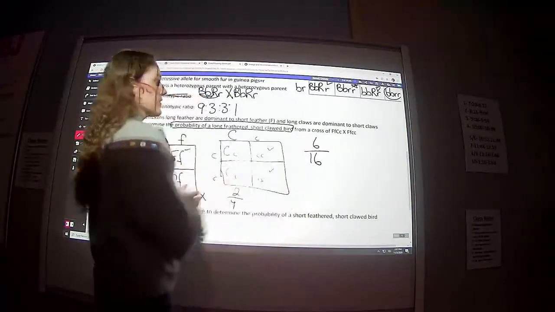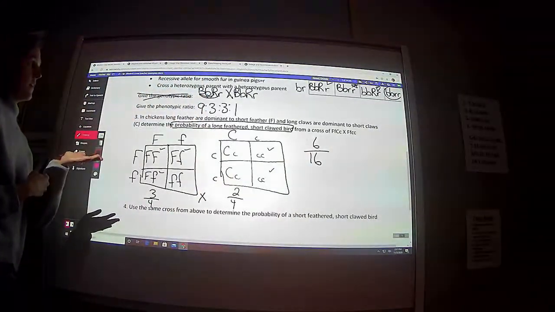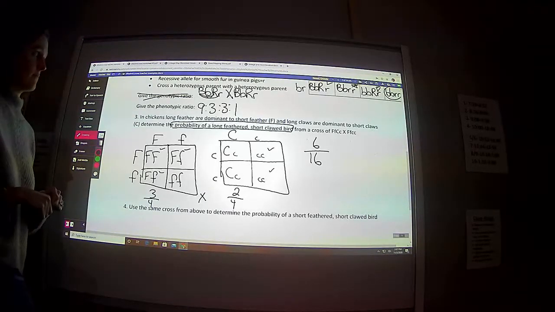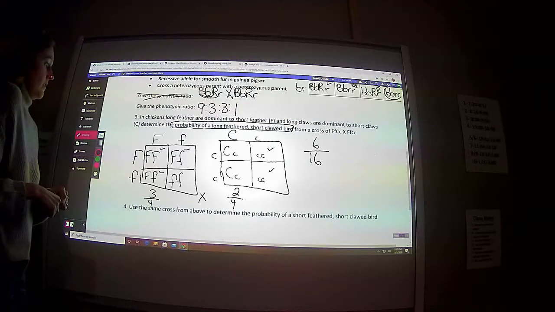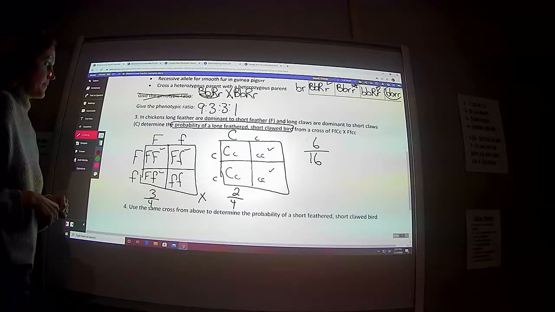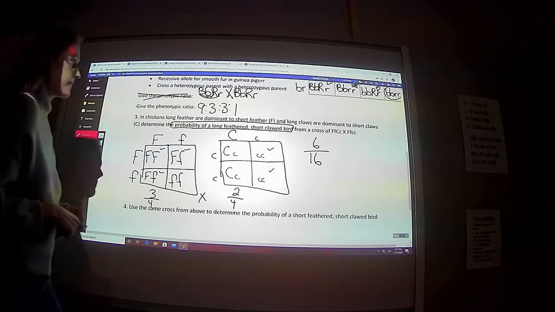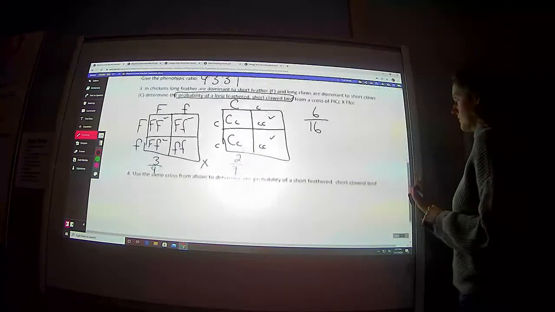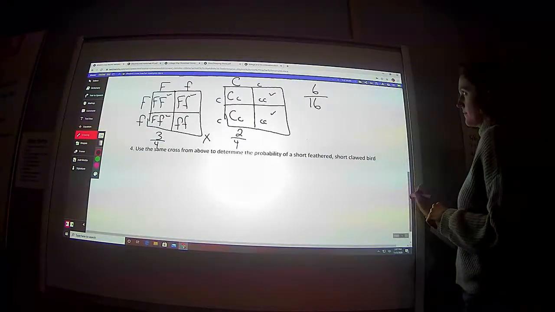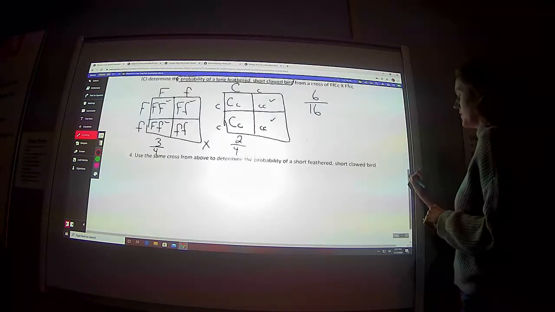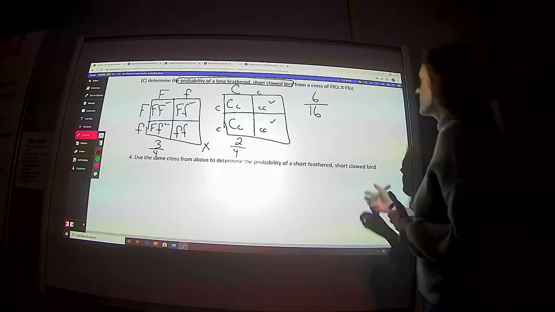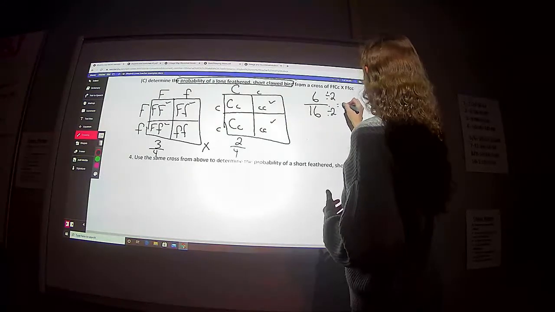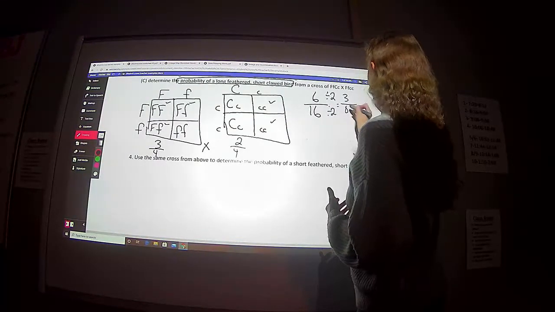And 6 of those blocks would have been that genotype of having long feathers and short claws. You could probably divide that out if you want to simplify things, and in math, they always tell you to simplify. So if I divided that by 2, 3 out of 8.